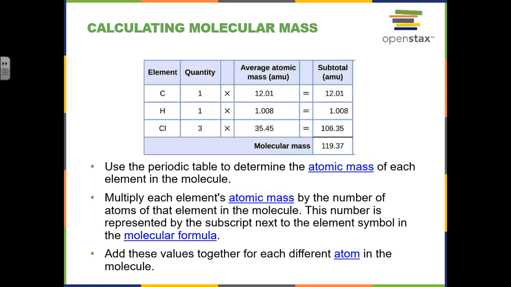You can't determine the molecular mass without having a periodic table available to you. The other thing you want to recognize is the subscripts, which indicate the quantity involved. If there is no number next to the element, it means that there's just one of those. So in this case, we have 1 carbon, 1 hydrogen, and 3 chlorine atoms. Then you take the sum of the products of the quantity and the average atomic mass.